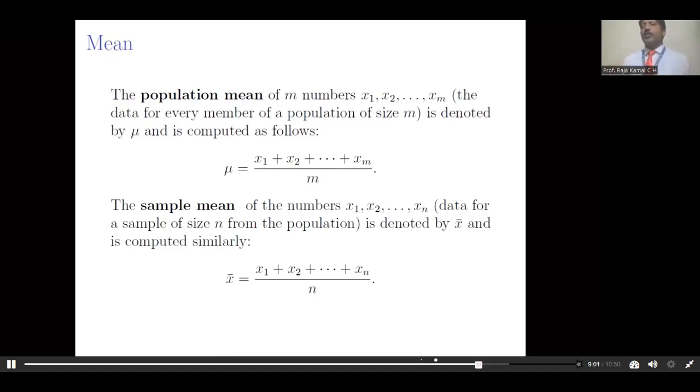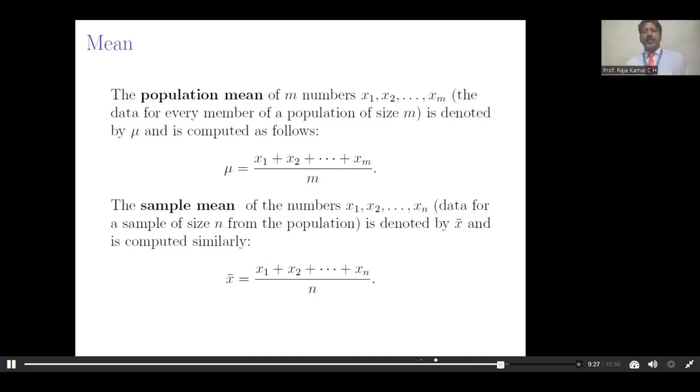Now to find out the mean of the total population, the population mean is represented with mu. Mu is equal to x1, the first person's marks, that is 350, x2, the second person's marks, 340, x3, the third person's marks, 330, x4, the fourth person's marks, 320, x5, the fifth person's marks, 310.